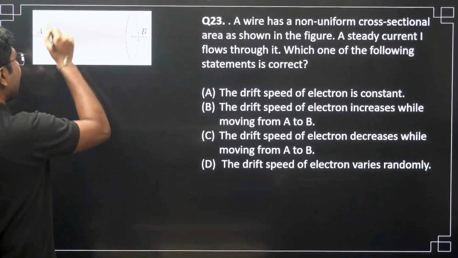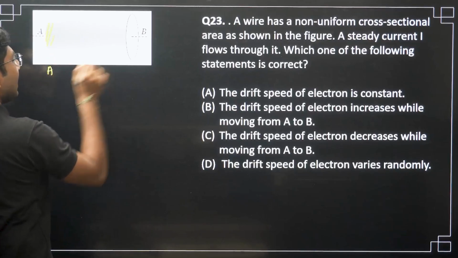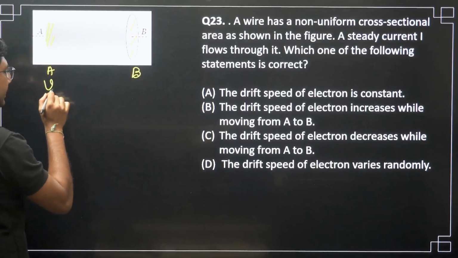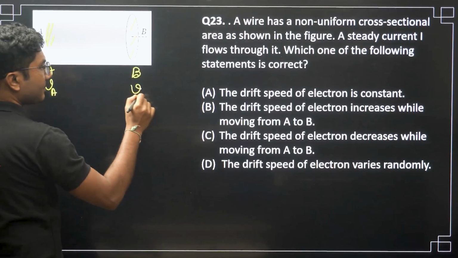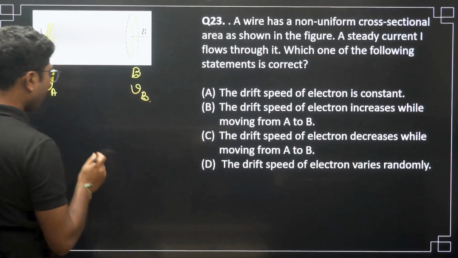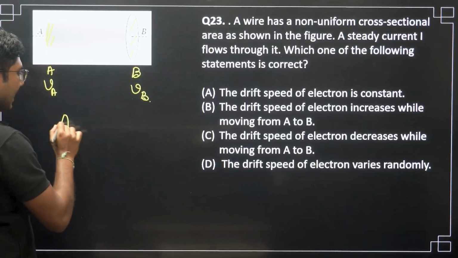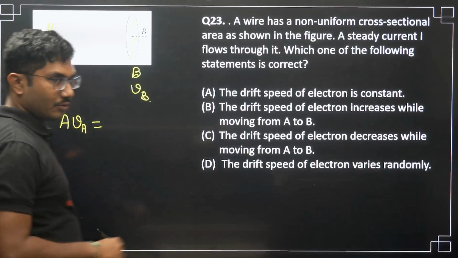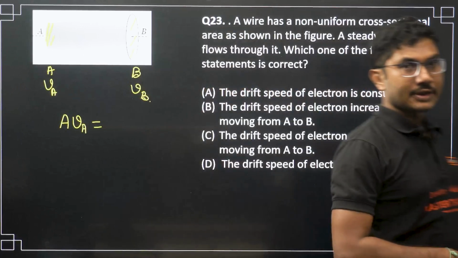Now suppose the area at this point is A, the area at this point is B. Drift speed at this point is VA, drift speed at this point is VB. We already learned one trick: area into drift speed is constant if current is constant.